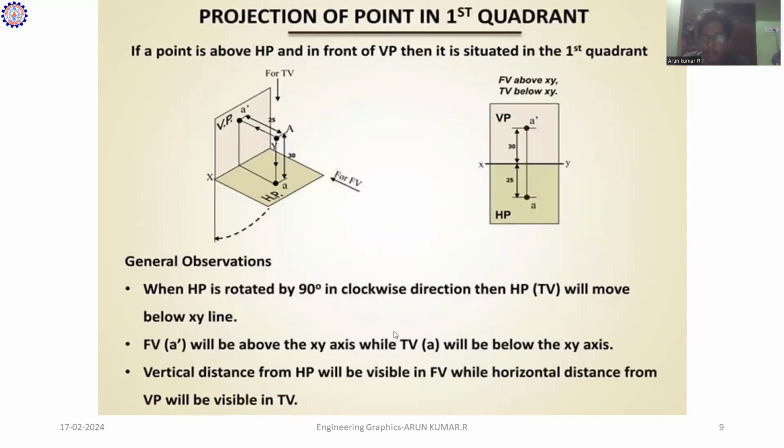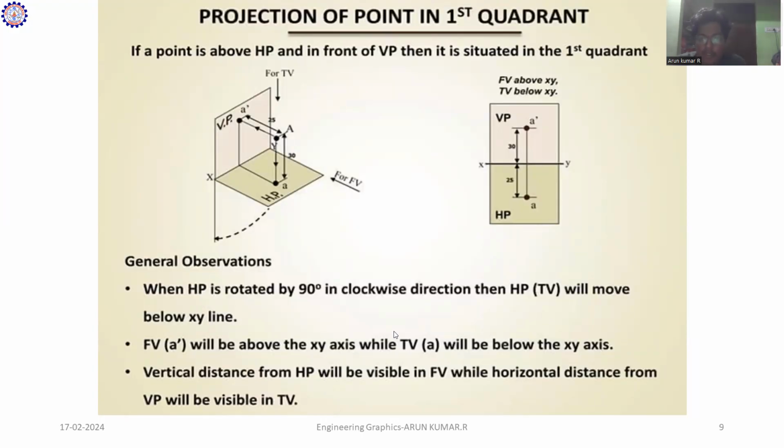When solving a first quadrant problem, if the point is above HP and in front of VP, then it is situated in the first quadrant. We saw some pictorial and orthographic diagrams, but here I have to mention the dimensions of the given diagram. For example, locate the point A above HP and in front of VP, where the height above is 30 mm and the distance in front is 25 mm.